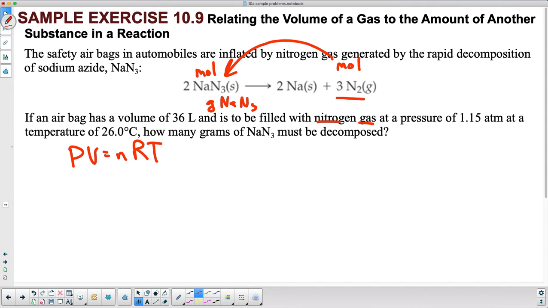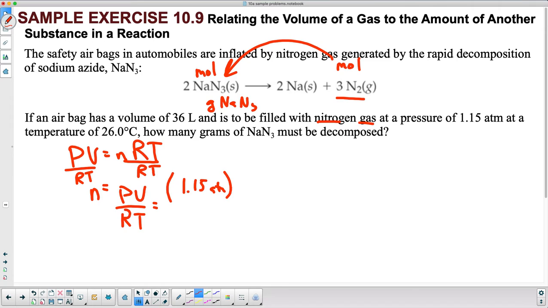I need to find moles first of my N2. So moles, we did this before, we divide both sides by RT. That means n equals PV divided by RT. Let's plug in all the information we have. I have 1.15 atmospheres. For volume, I have 36 liters. So that's already in liters. I don't have to convert anything.